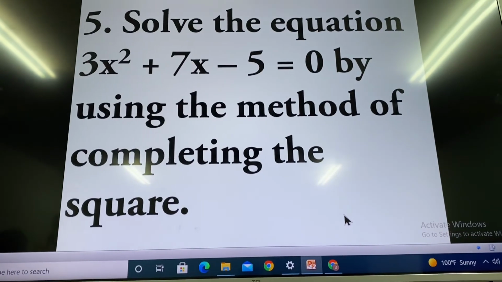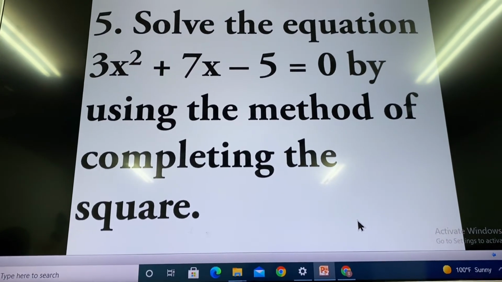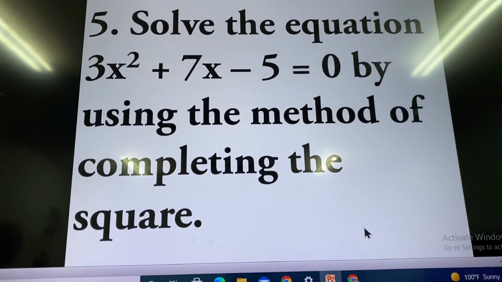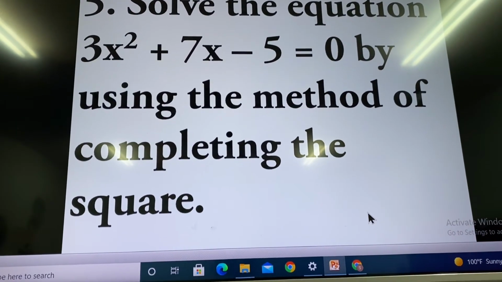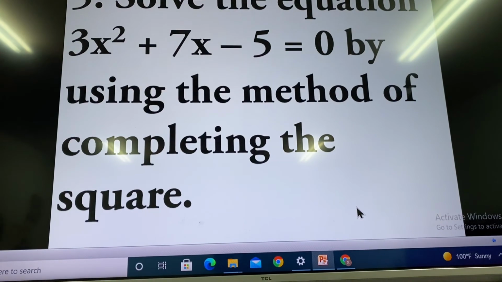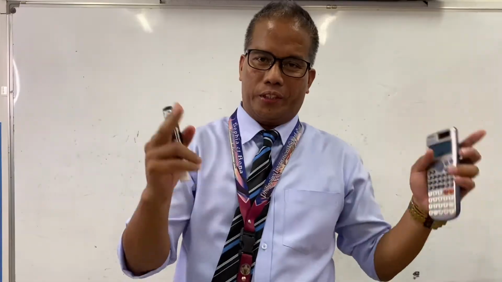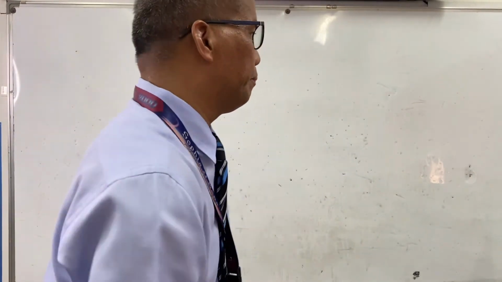Our next question: solve the equation 3x squared plus 7x minus 5 equals 0 by using the method of completing the square. Here is the solution. Proceed down to the second question, which is question number 5.